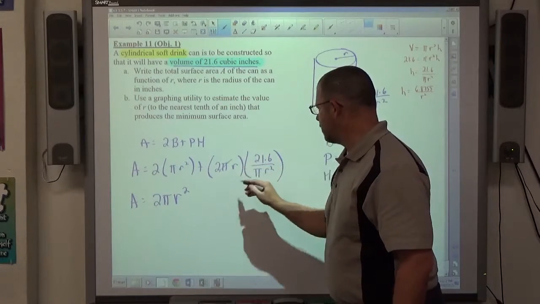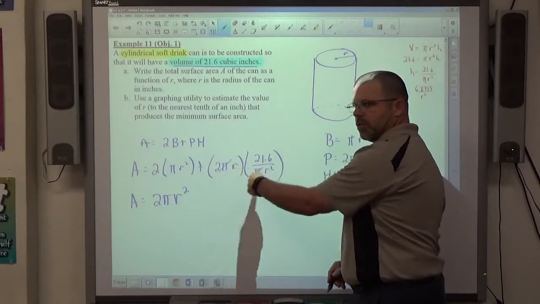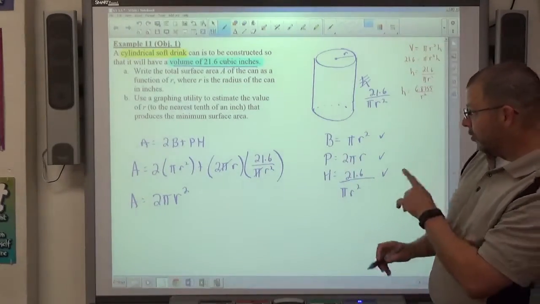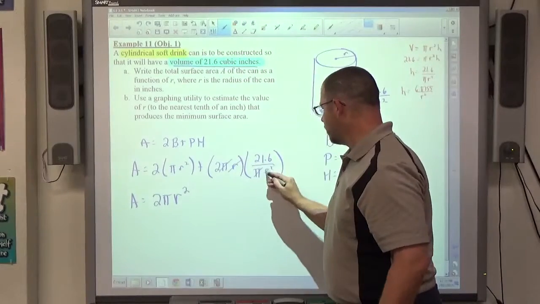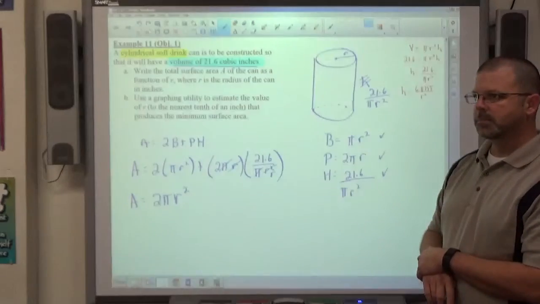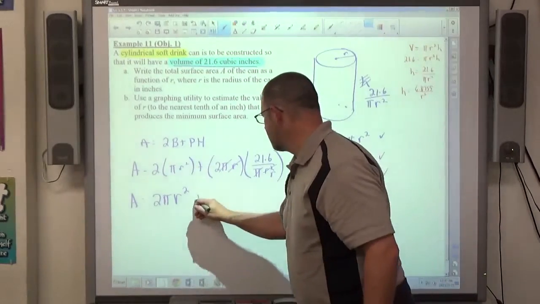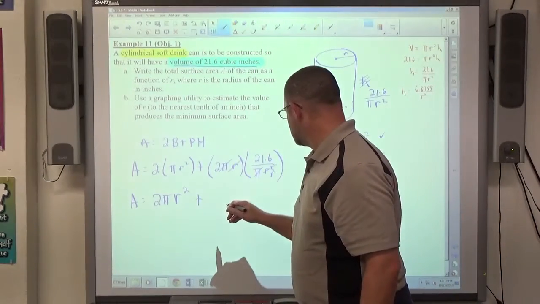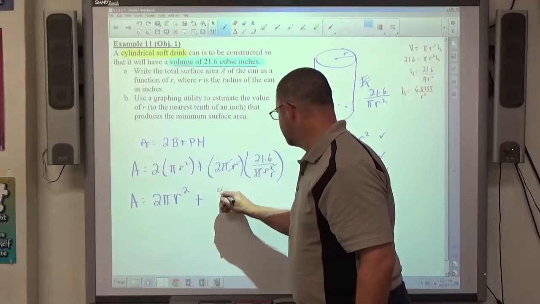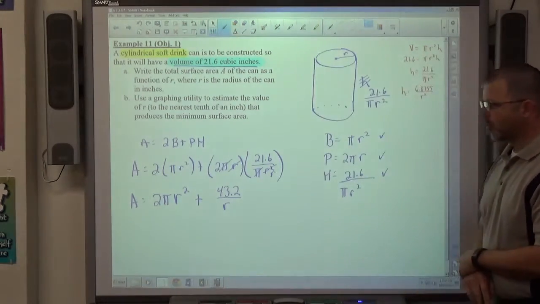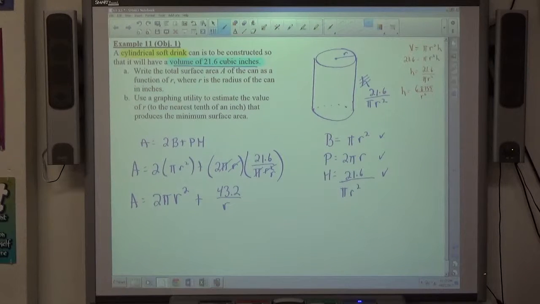Then this pi cancels that pi, since they're the same thing in the numerator and denominator. Also, this r cancels one of these r's, leaving an r to the first on the bottom. So we're left with 2 times 21.6 on the top, which is 43.2 over r. So our surface area formula is right there.